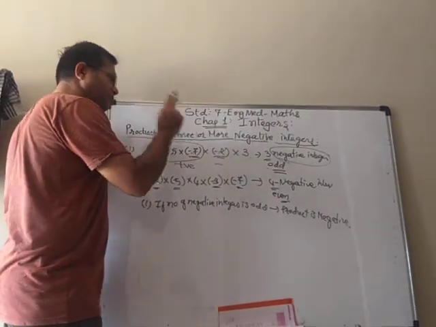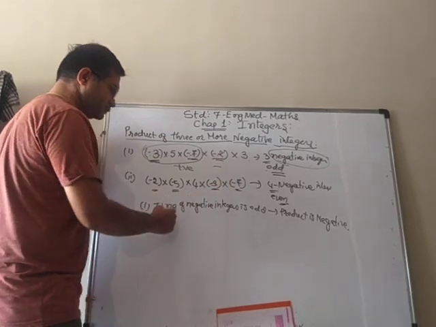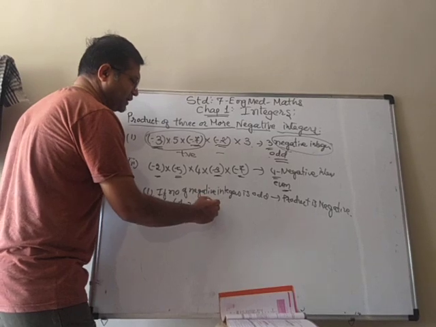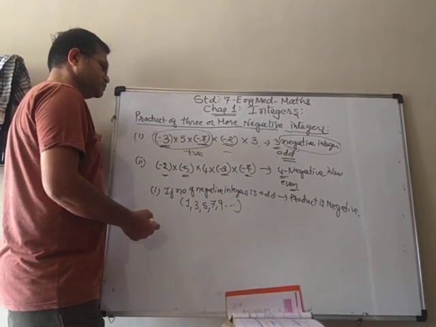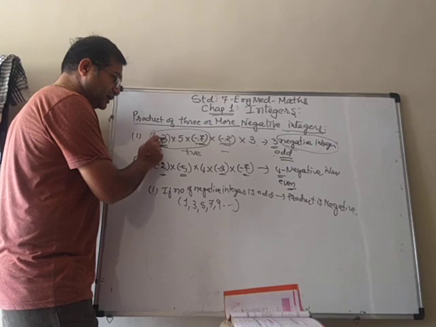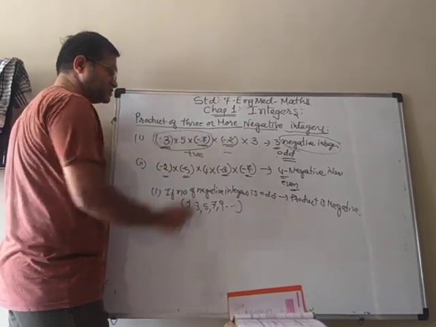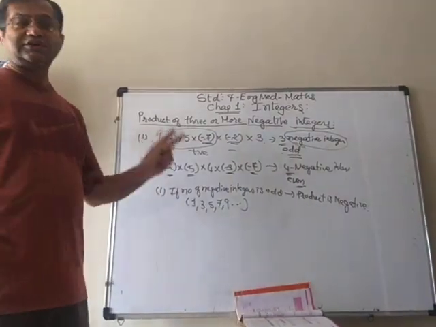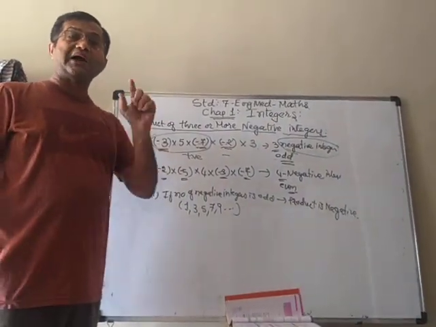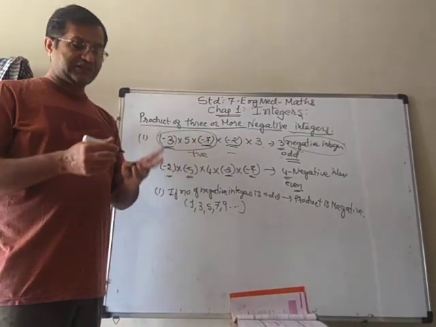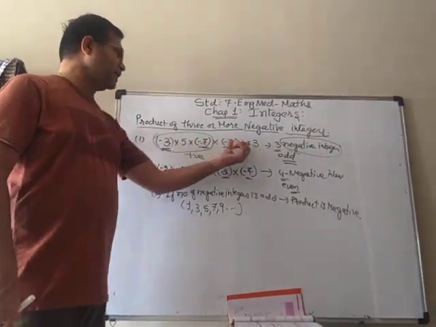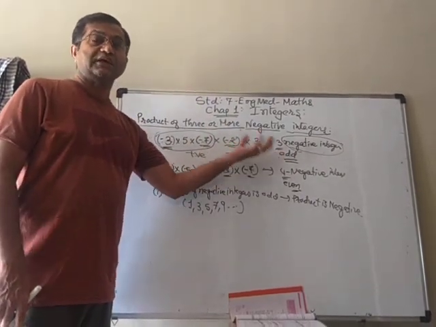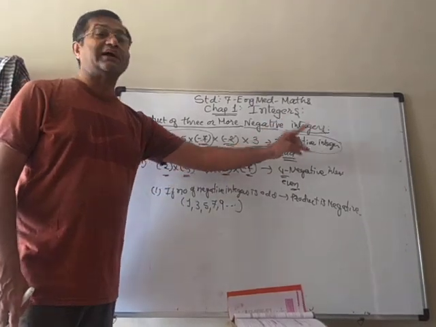Odd means either one negative integer, 3, 5, 7, 9, etc. And remember, here it is not the number but the count of negative integers only. What the integer is, we don't have to concentrate on. Only how many negative integers there are. So if there are 3, or 5, or 7 negative integers, then the product will be negative.